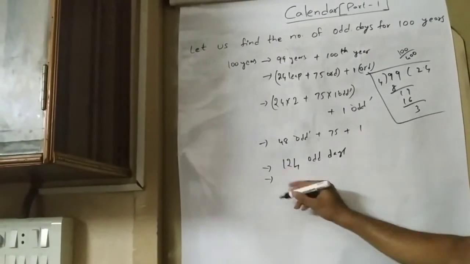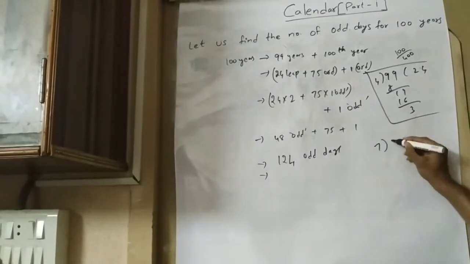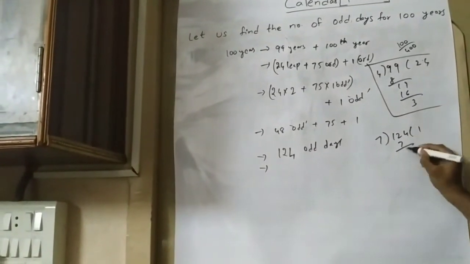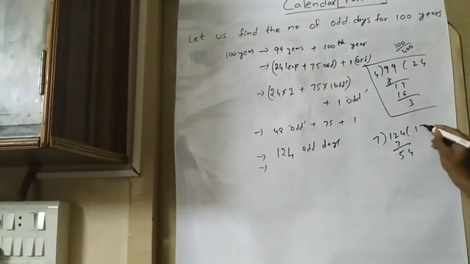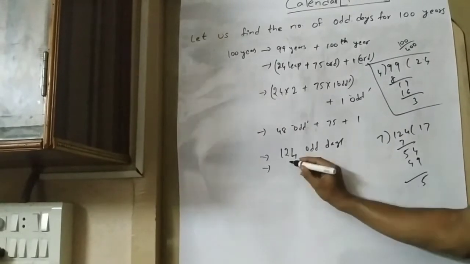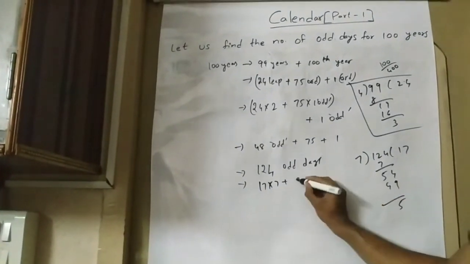So 124 can be written in weeks. Let us divide 124 by 7. 7 1s are 7, 7 7s are 49, and the remainder is 5. So this can be written as 17 into 7 plus 5.